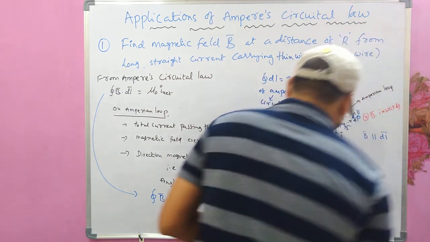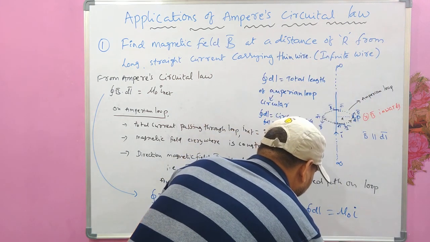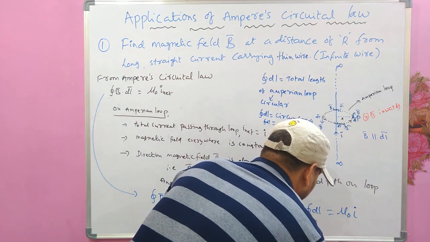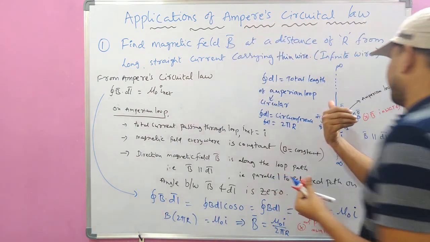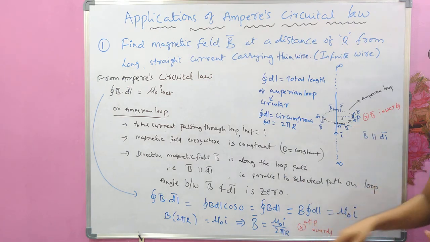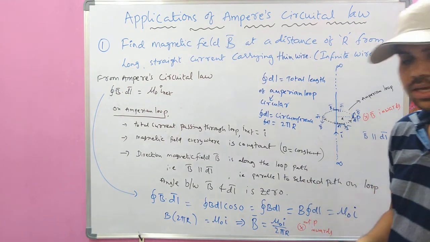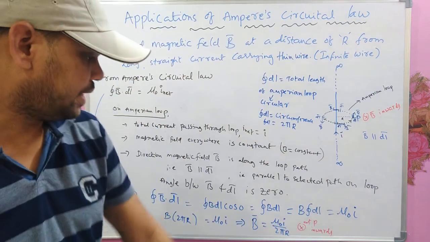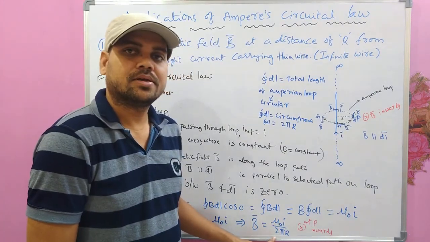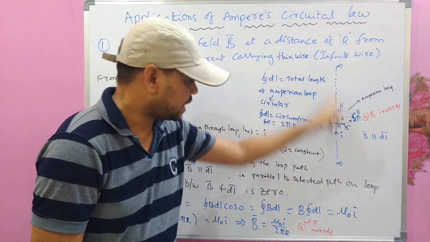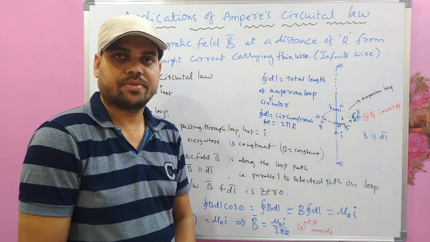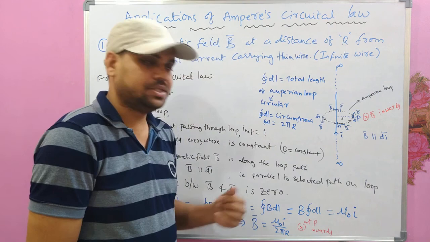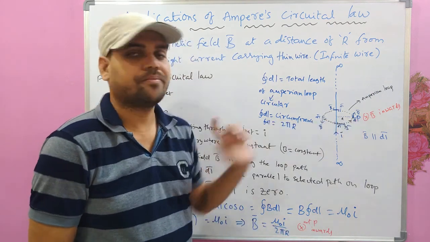So this is at P, this is going like this. Okay, so this is the magnetic field at point P due to this current carrying infinite thin wire, this is the magnitude and this is the direction.